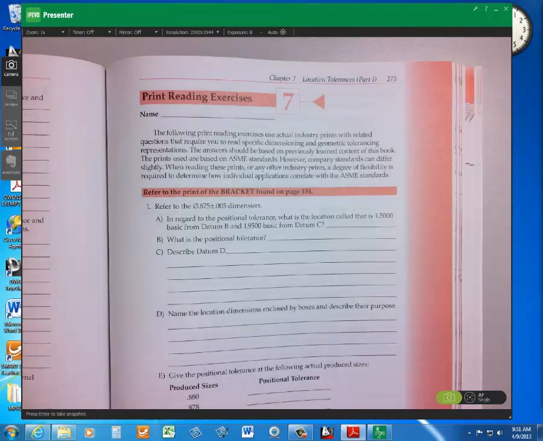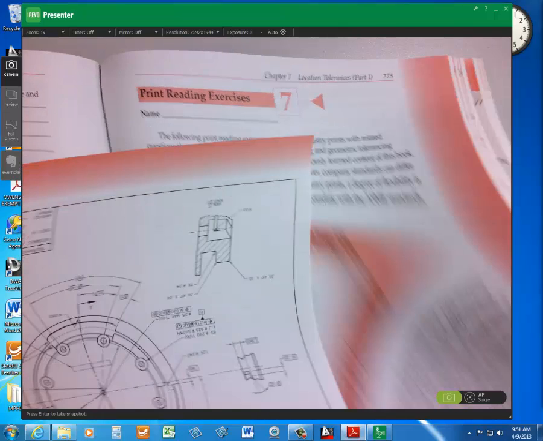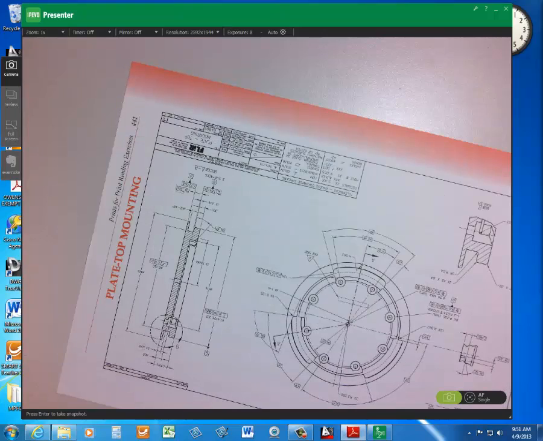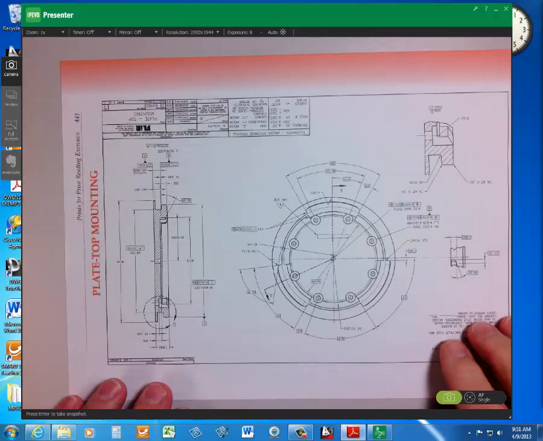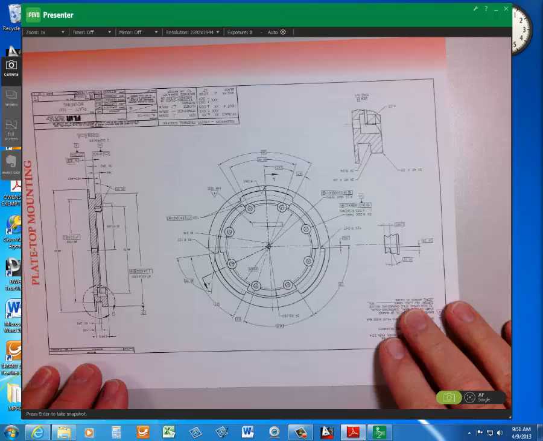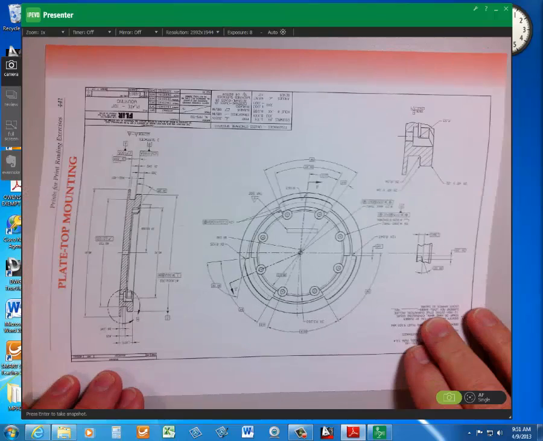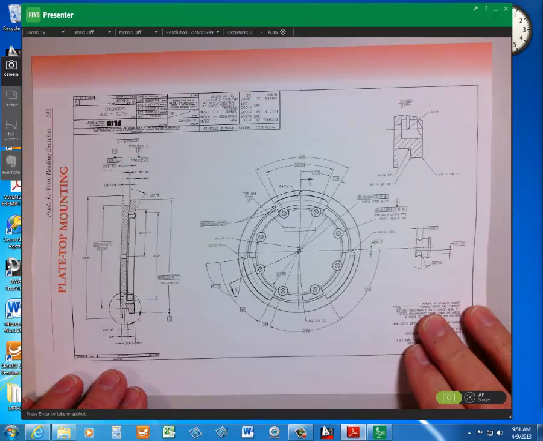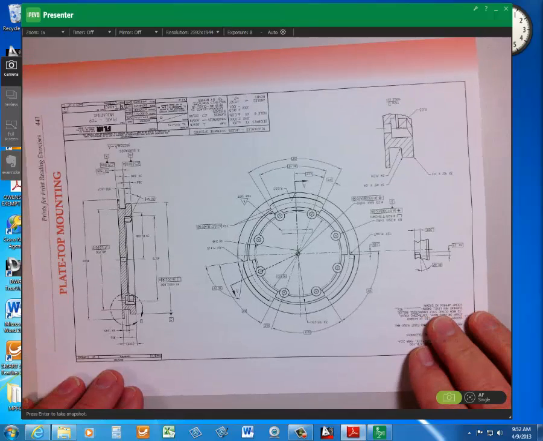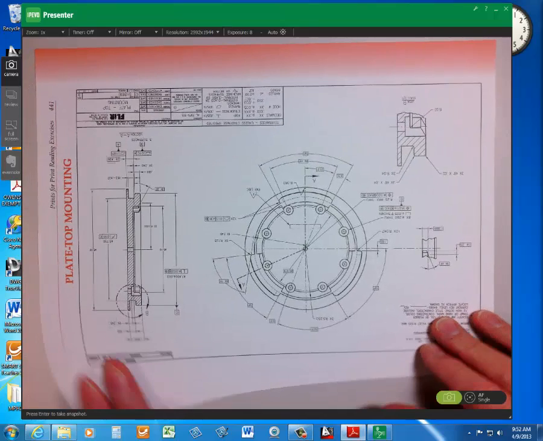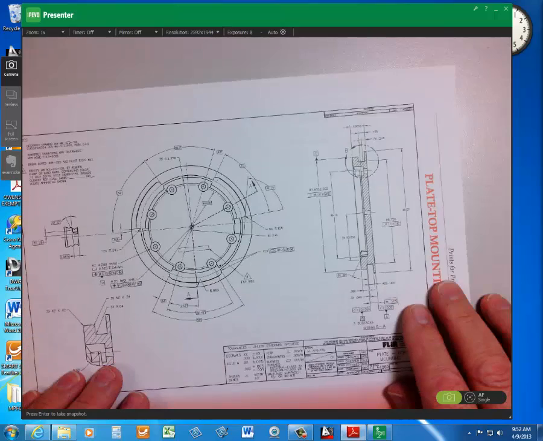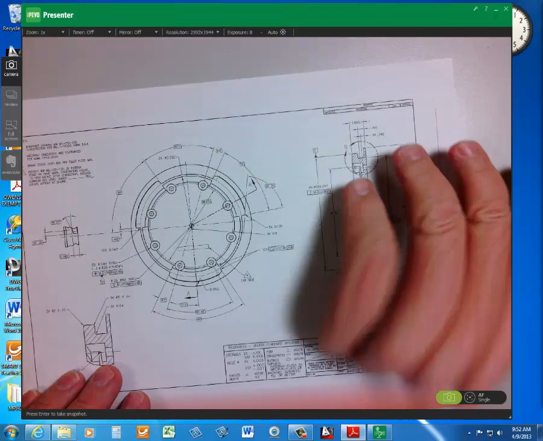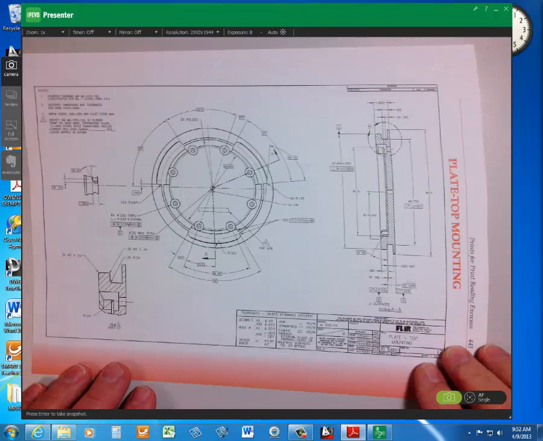Start moving faster, I promise. I'm going to change what I'm doing here, too. Rear. What? Oh, it's upside down. That's freaky, isn't it?